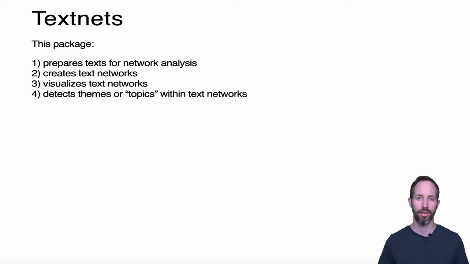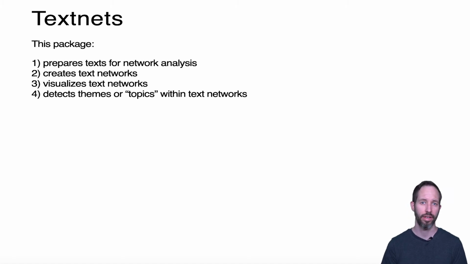So if you'd like to try out text networks, I've developed an R package called TextNets. To install it, you'll need the DevTools package, and you can install it using the install_github function. But this function basically does a few things for you. First, it does text preprocessing, and if you need to learn what text preprocessing is, go back and check out my video on basic text analysis.